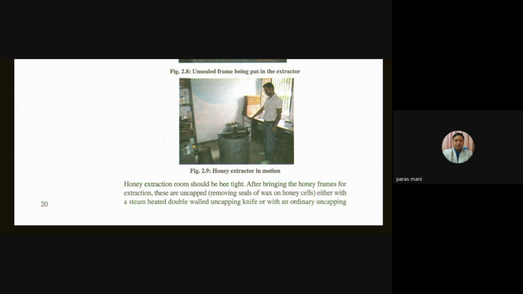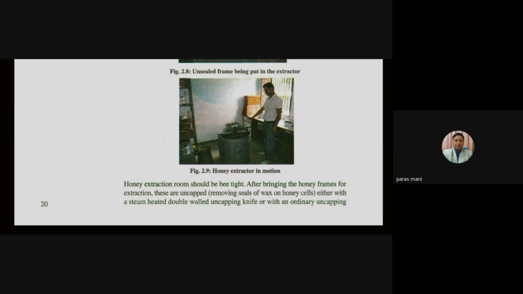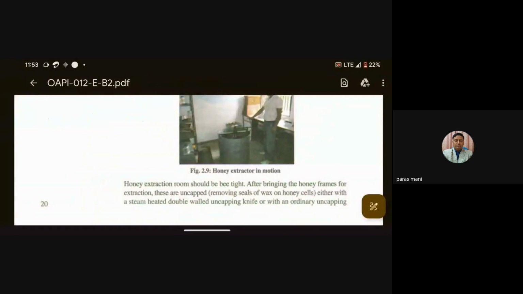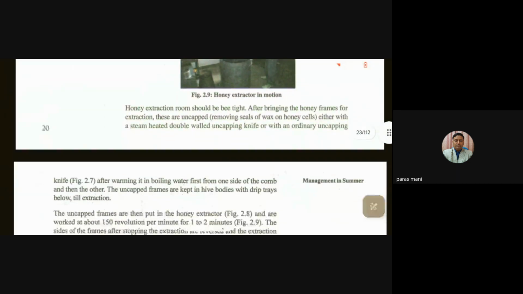To ensure that, they heat the honey at a temperature not exceeding 65 degrees Celsius. If the temperature exceeds that, the quality of the honey reduces.